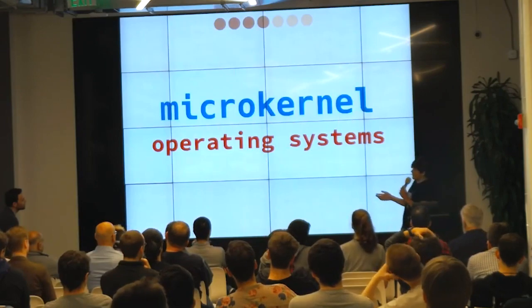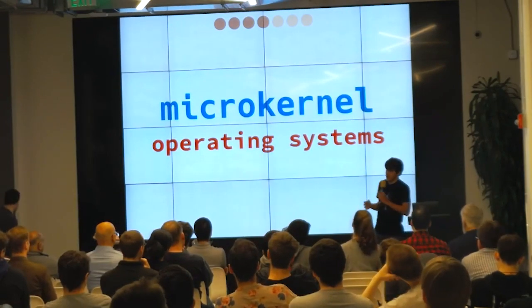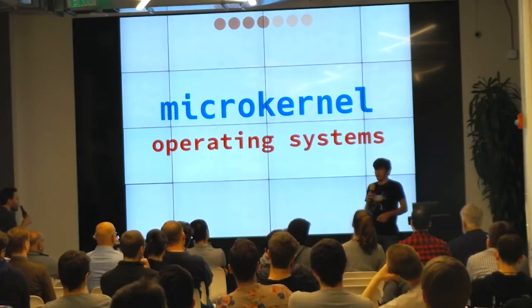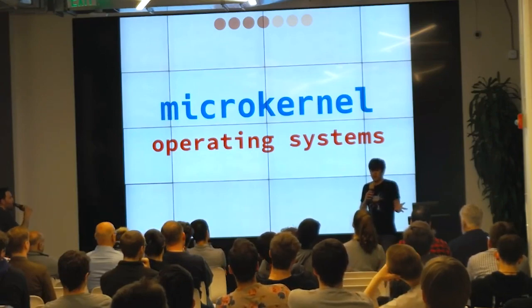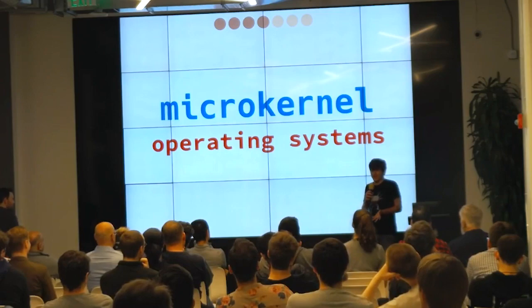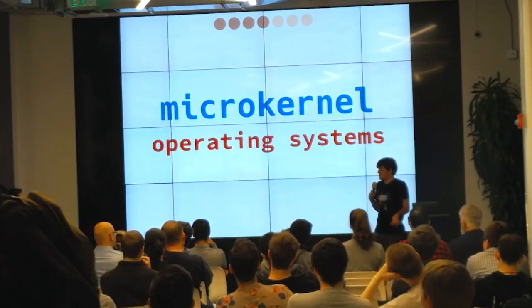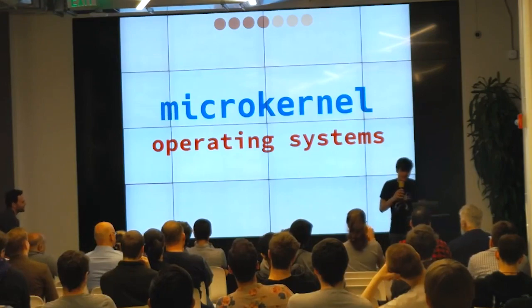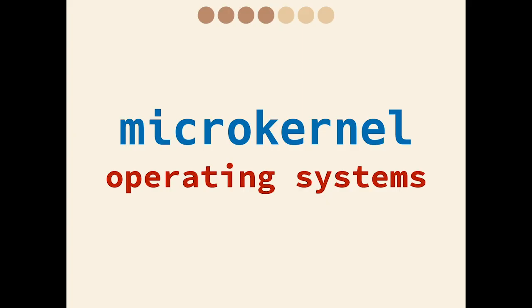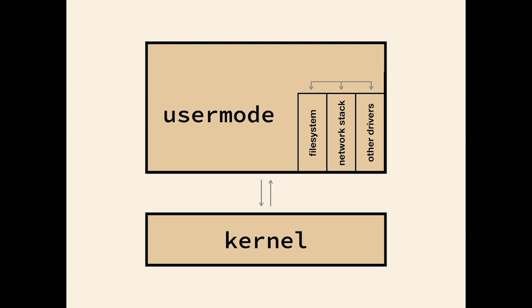And the other main design is a microkernel operating system. And these are less common. GNU Hurd is one. I don't know if you guys have heard of that. Yeah, it's interesting, I guess. So with these, the defining factor here is that all the drivers are in user mode, or most of the time.